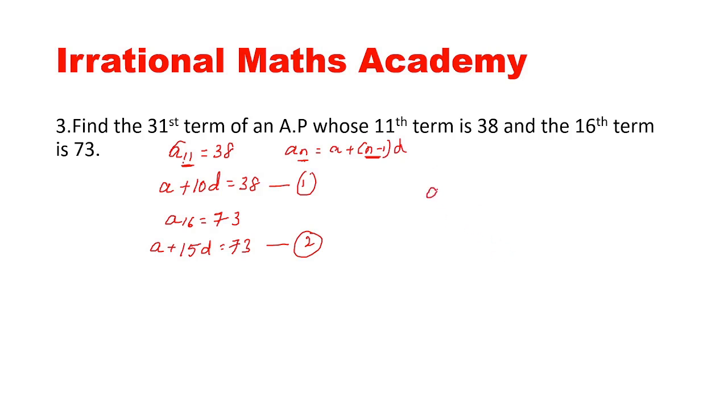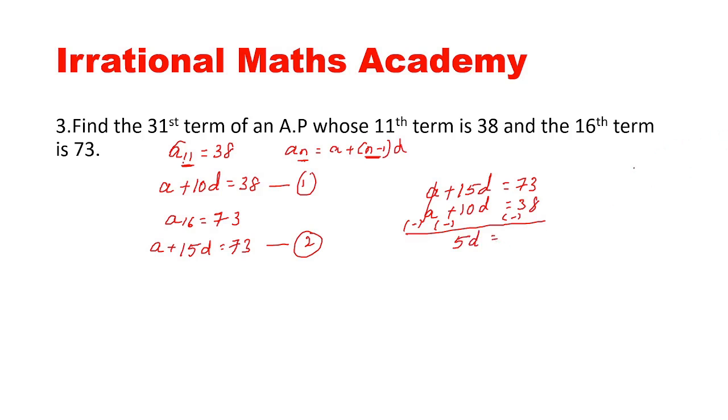Now A plus 15D equals 73 and A plus 10D equals 38. The below equation I'll multiply with minus. I'm using the elimination method. Whichever you feel comfortable with, you can use either elimination or substitution. A and minus A get cancelled. 15D minus 10D is 5D.